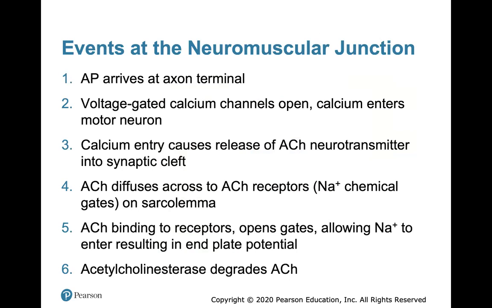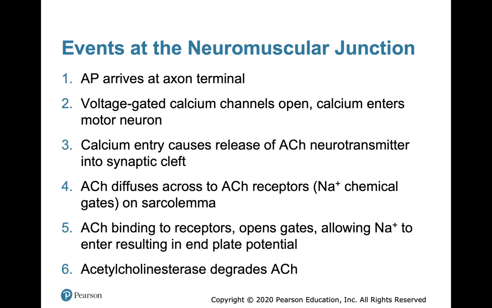Events at the neuromuscular junction: the action potential arrives at the axon terminal, calcium channels open, calcium enters the motor neuron, and calcium causes the release of the acetylcholine neurotransmitter into the synaptic cleft, which is the space between the neuron and the muscle fiber.